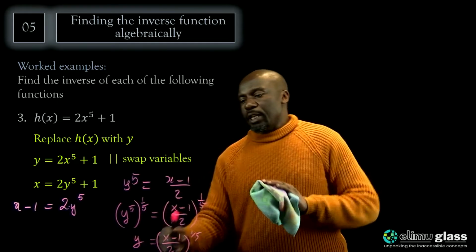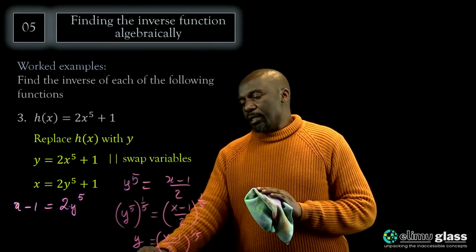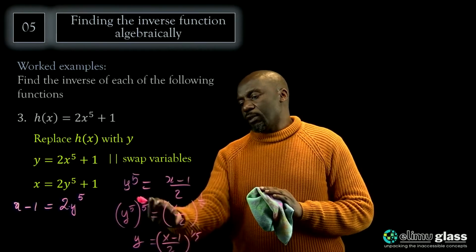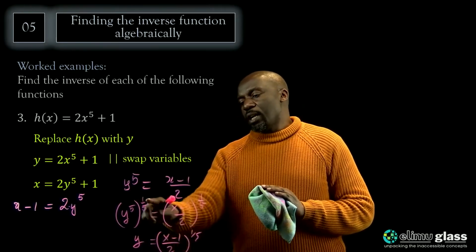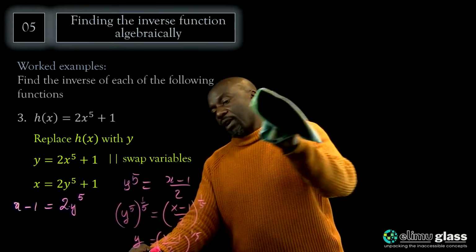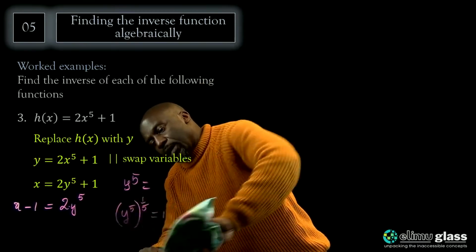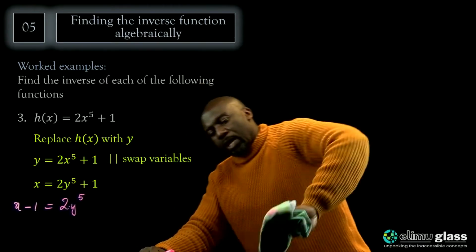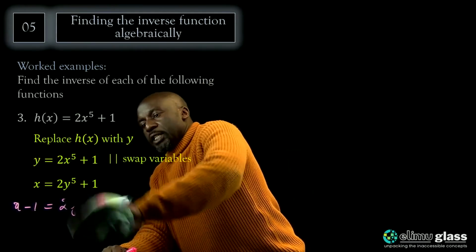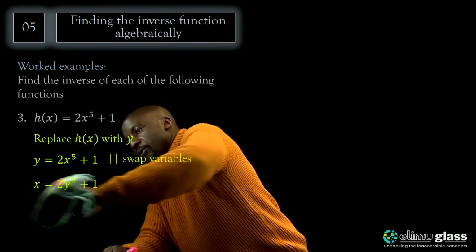So hopefully you've seen the process, especially for those who've not studied indices, or you have done it but you've not looked at power indices where the indices or the exponents are fractions as opposed to whole numbers. I hope you will understand that. Otherwise, put it in the comment and I can add something to try and help you.